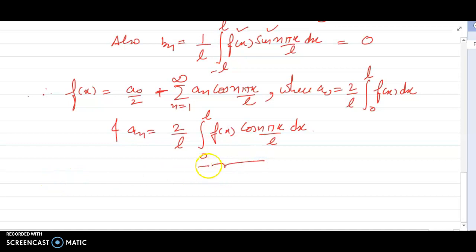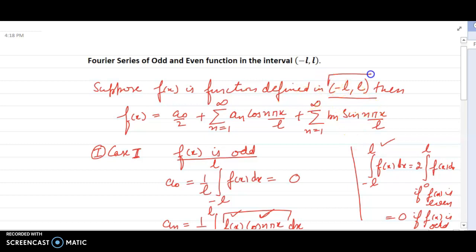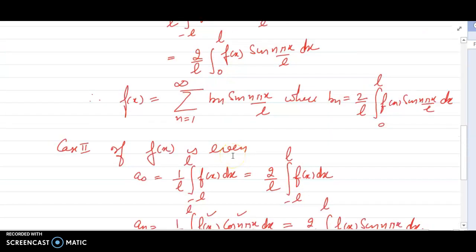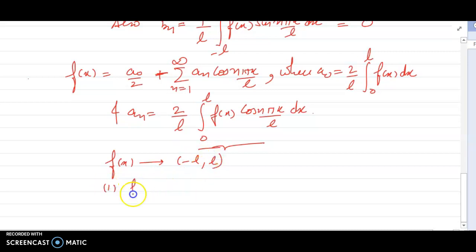Students, do remember this result is applicable if length of interval is in the form minus L to L. Now you can remember it like this: f x is defined in the interval minus L to L. If f x is odd, a naught and an are 0.